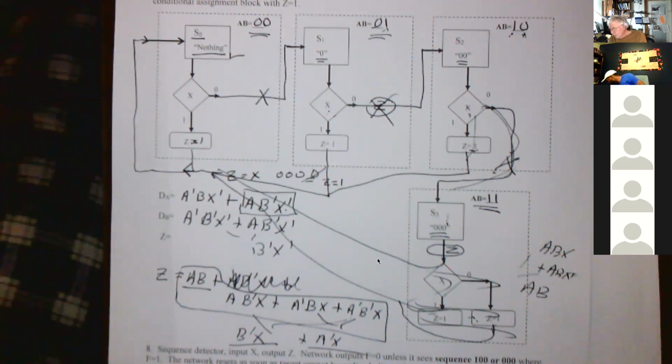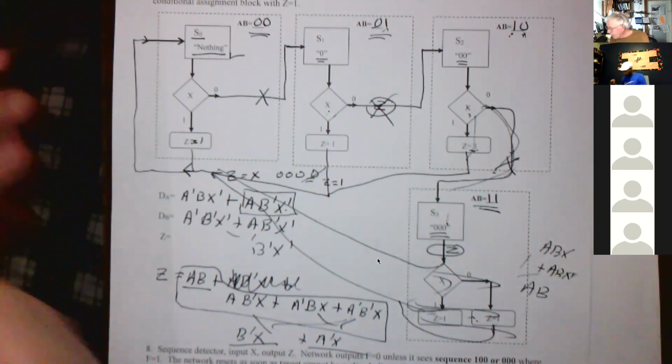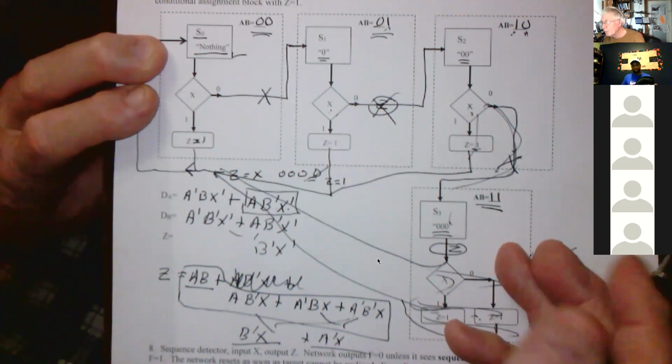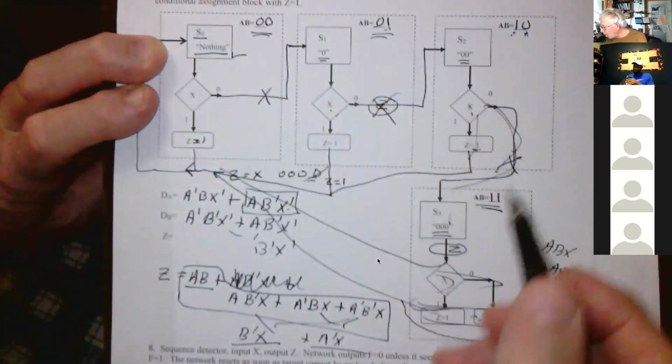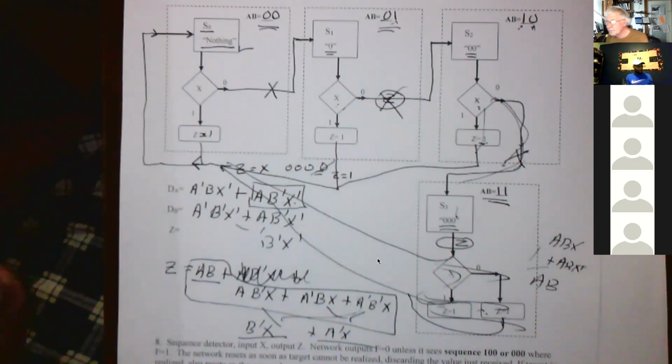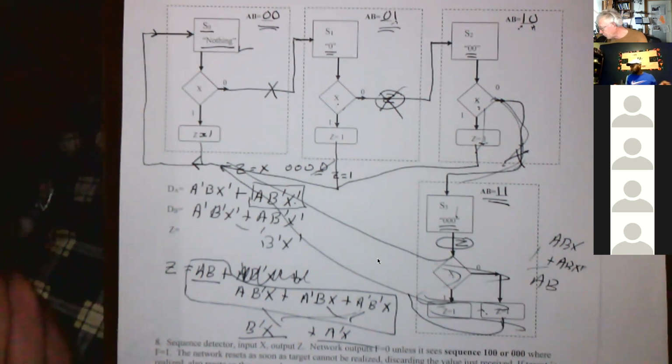In this case though, you know that there are no don't care terms, because all the combinations of A and B are used. Because you have 2 flip-flops and 4 states, so it comes out.